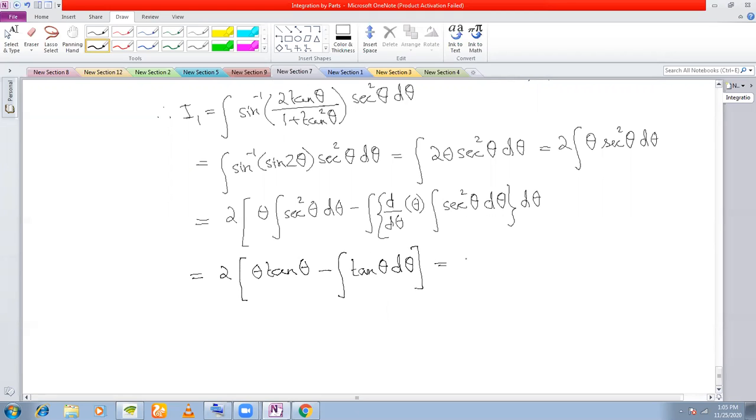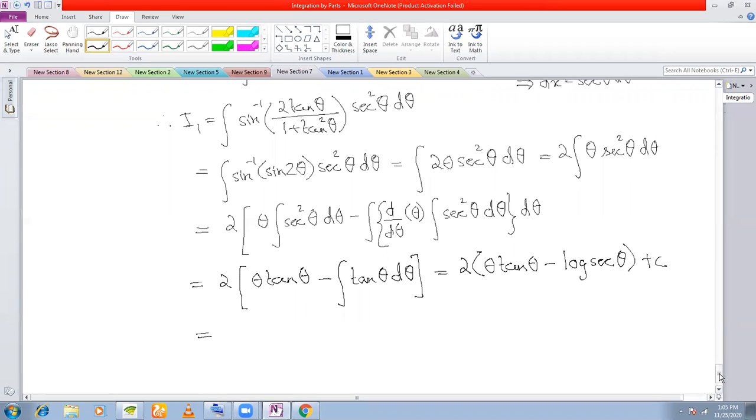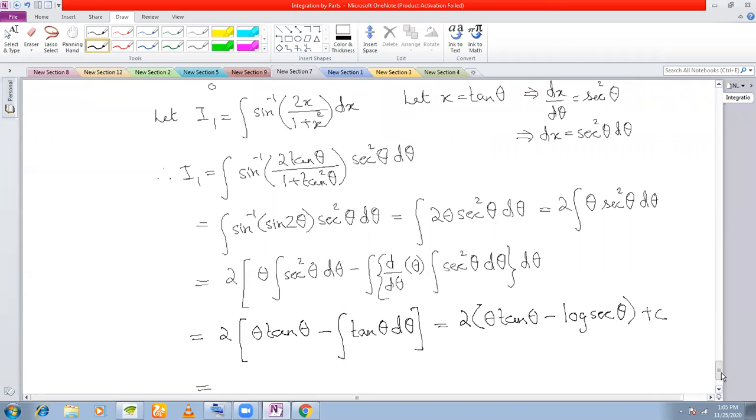So this becomes twice of theta tan theta minus the integral of tan theta, which is log sec theta, a standard integral. Now you change everything in terms of x. What had I assumed? I had assumed x is equal to tan theta.